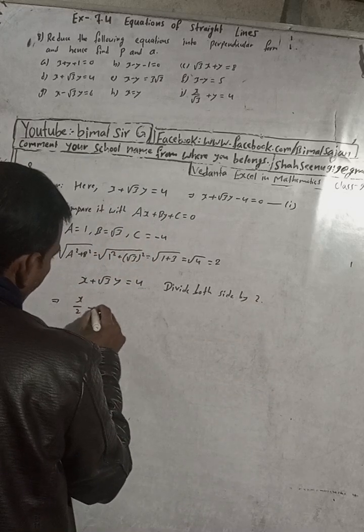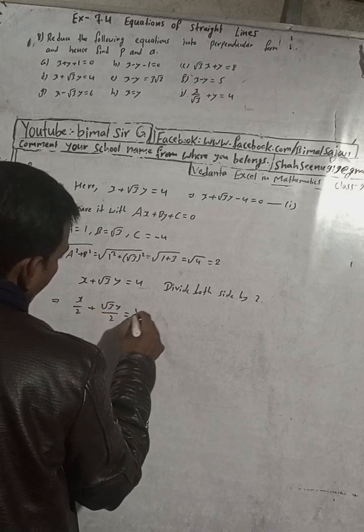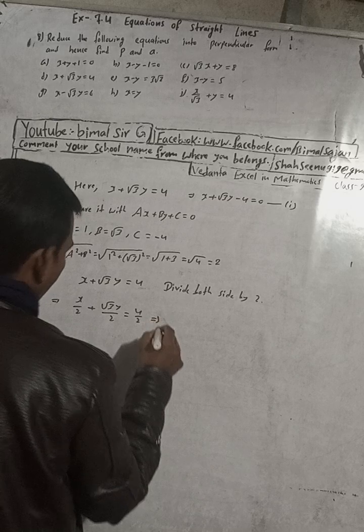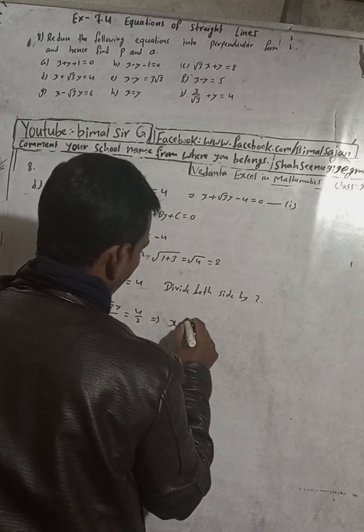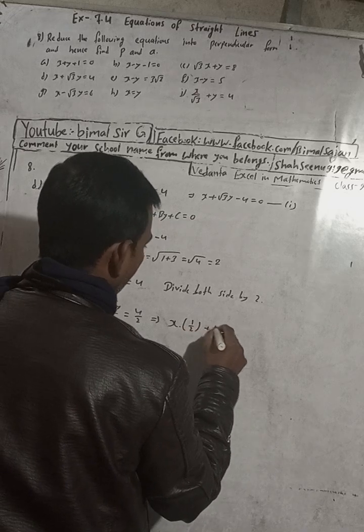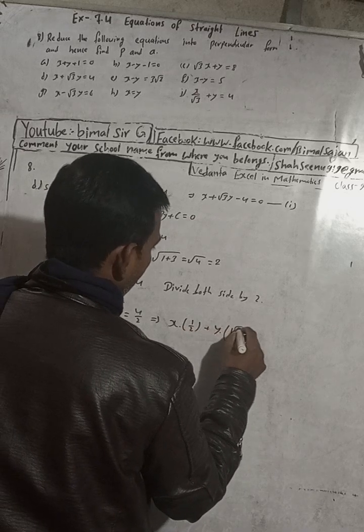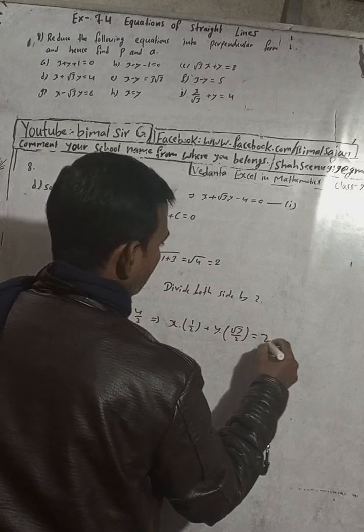When we divide both sides by 2, x by 2 plus root 3y by 2 is equal to 4 by 2. This equation can be written as x into 1 by 2 plus y into root 3 by 2 is equal to 2.